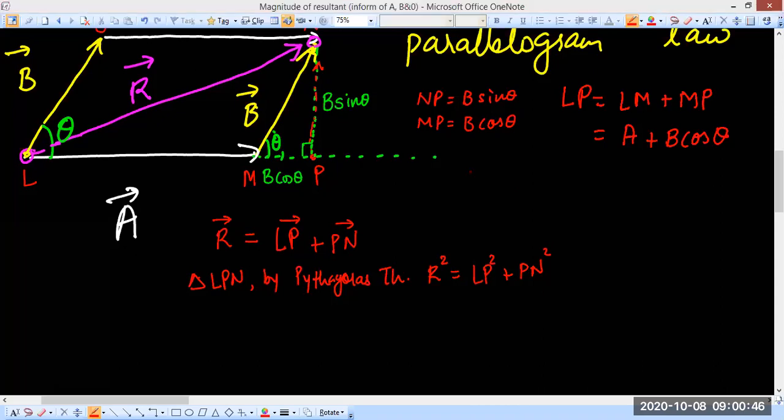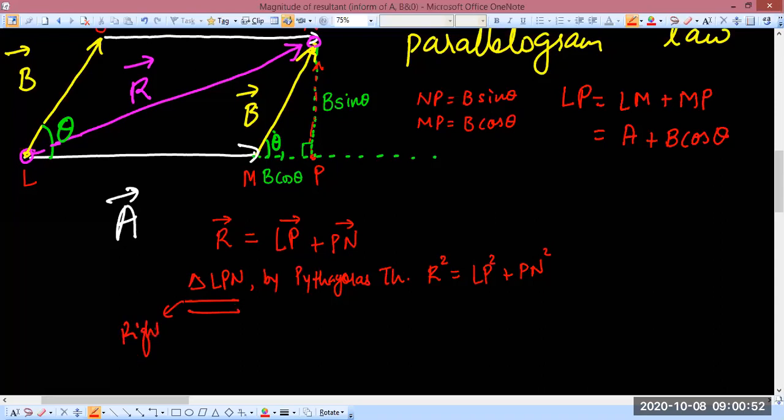Vedant, I hope you are seeing the triangle LPN. Do you see it is a right angle triangle? We are just using Pythagoras theorem. That's it, right? So now R square is equal to LP square. LP means A plus B cos theta, whole square, plus PN square.